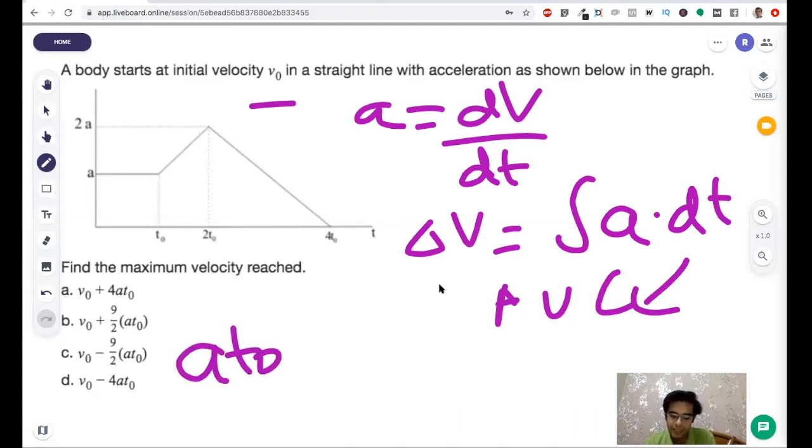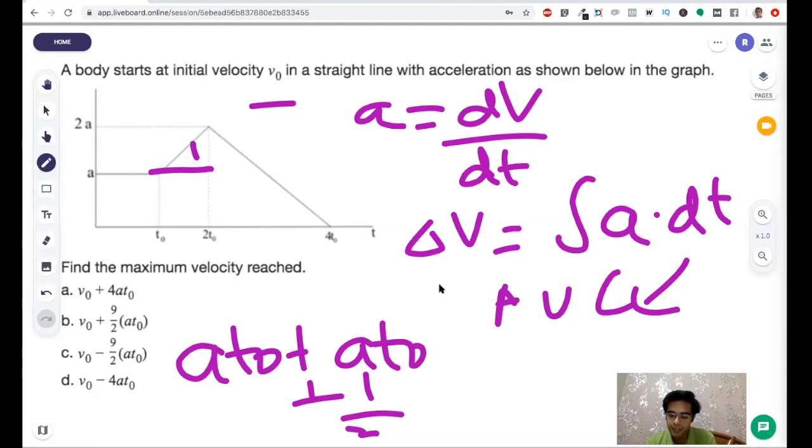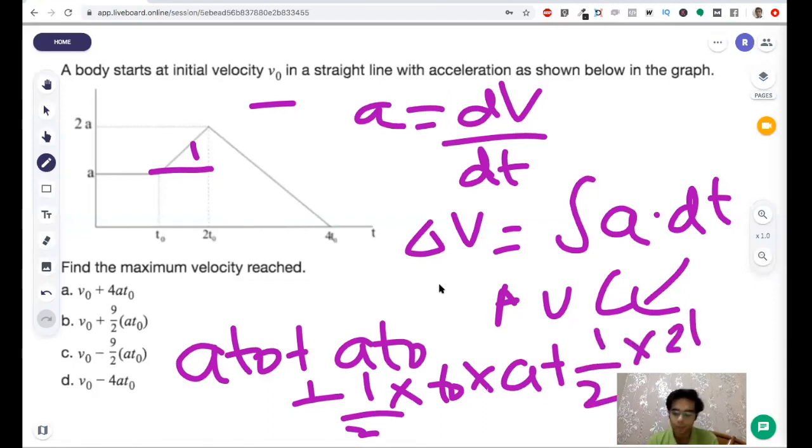The second is again a rectangle, a t naught. Then there's a triangle, half base into height, half into t naught into a. And the last one is again a triangle, half into 2t naught into 2a.